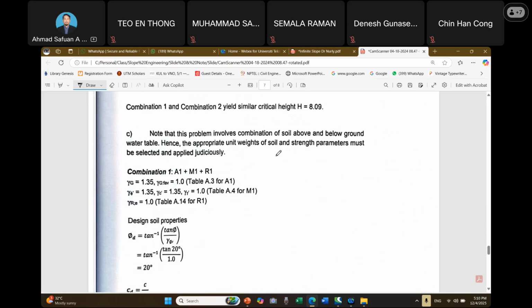Note that this problem involves a combination of soil above and below the groundwater table. Hence, the appropriate unit weight of soil and strength parameter must be selected and applied judiciously.